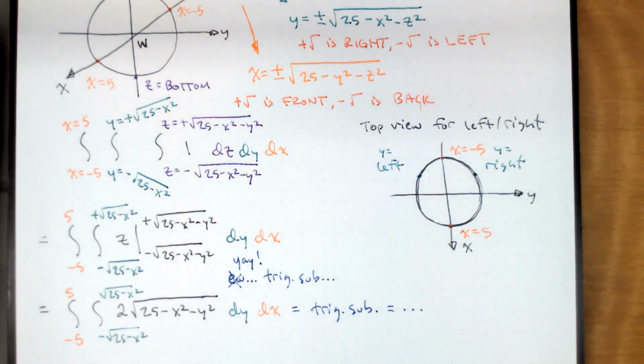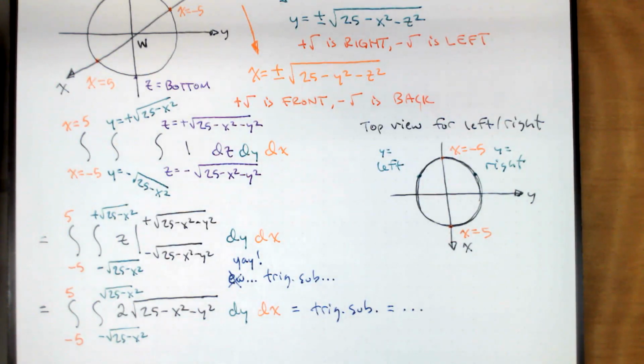Now let's pause here for a minute and take a look at this double integral. We've got the double integral from -5 to 5, and then the integral from negative root 25 minus x squared to positive root 25 minus x squared of this function: 2 square roots of 25 minus x squared minus y squared dy dx.